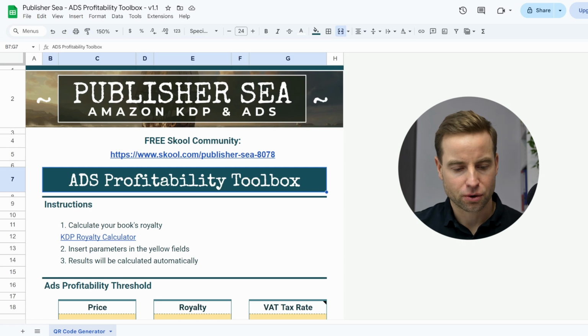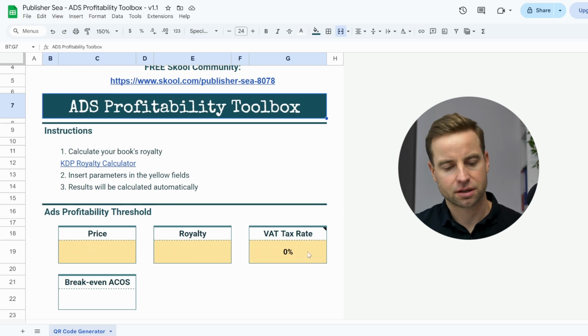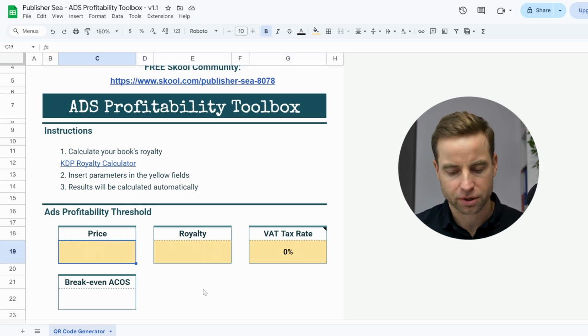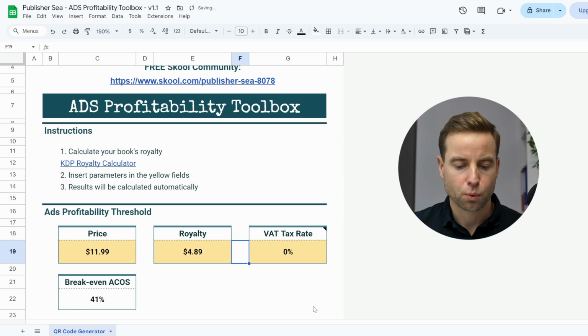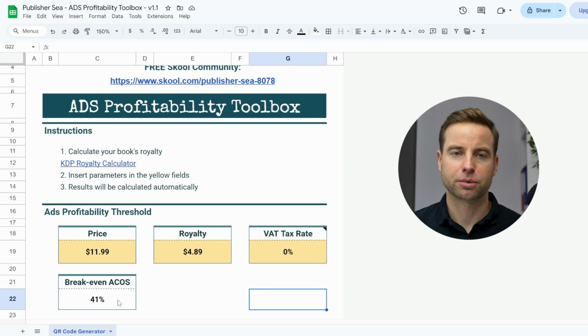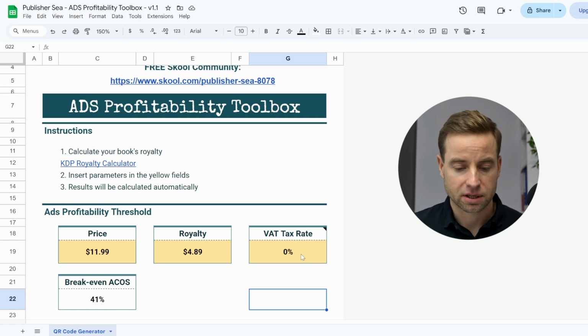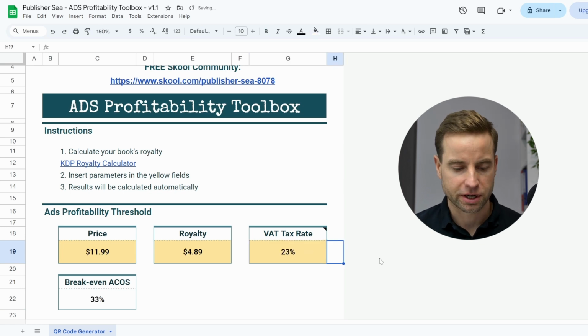So if we scroll to the ads profitability section, let's calculate the values for our book. The price of our book is $11.99 and the royalty is $4.89. With 0% tax, our break-even ACOS is 41%, as we calculated previously. But let's see what happens if we apply a 23% tax rate.